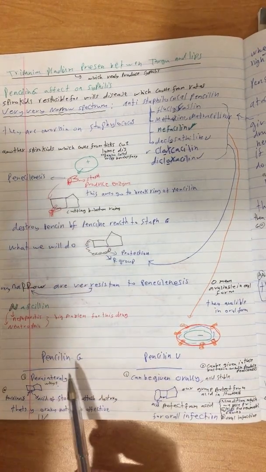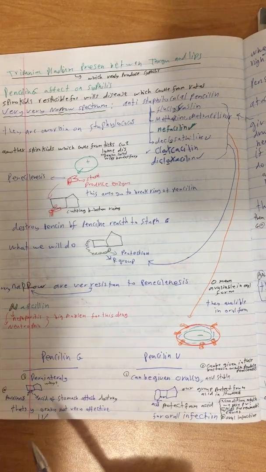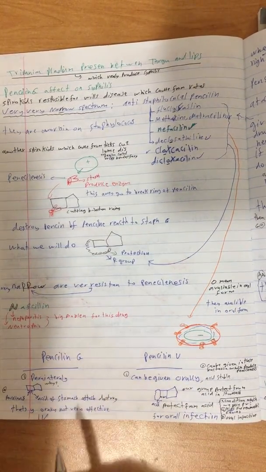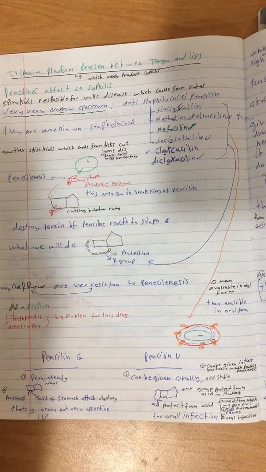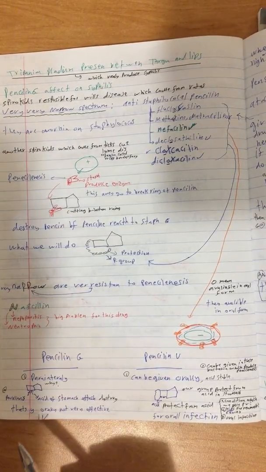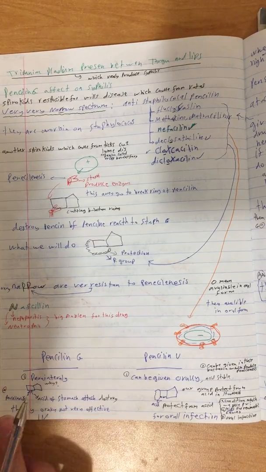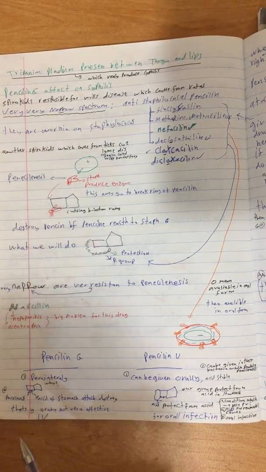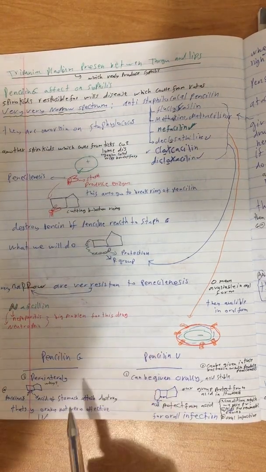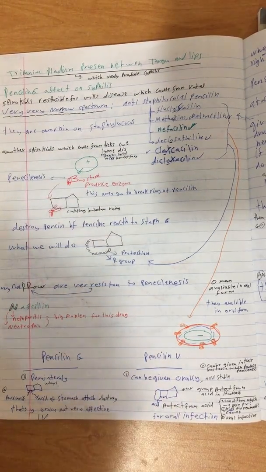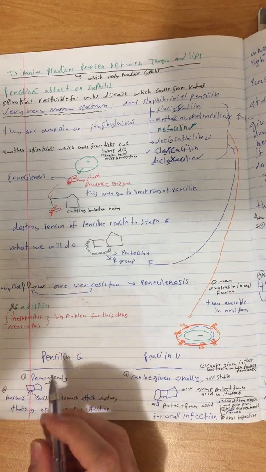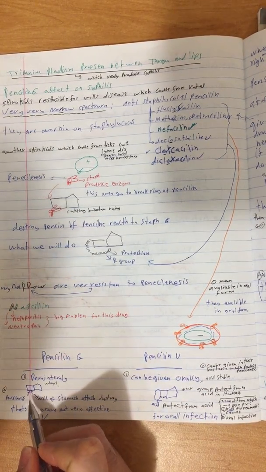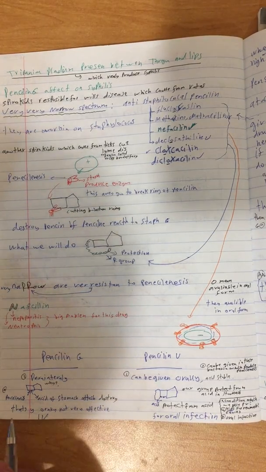Why do we give penicillin G parenterally? Because if we give penicillin G orally, it will go to the stomach, and the acid of the stomach will attack and destroy the ring of the penicillin, and it can't bind to the penicillin-binding protein.